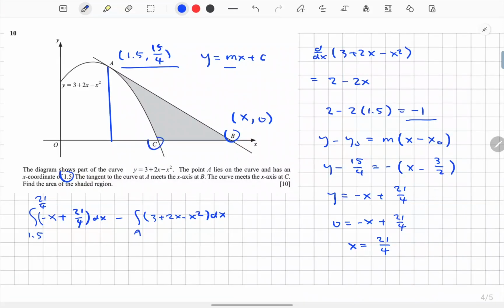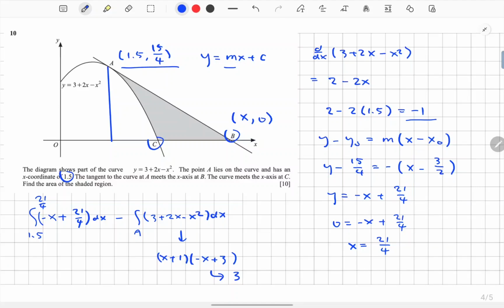For our c right here, we need to factorize the quadratic function to get c. After factorizing that, we get x plus 1 times minus x plus 3. Then the second factor here tells us that one root is x equals 3.